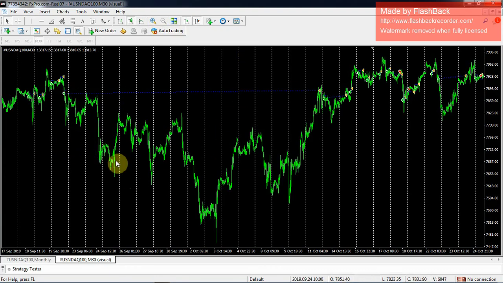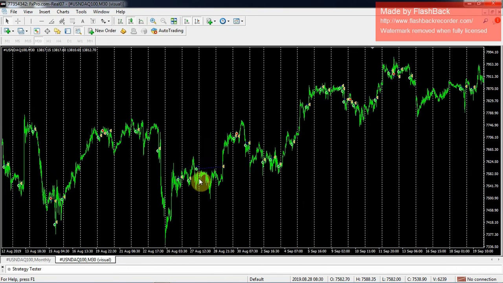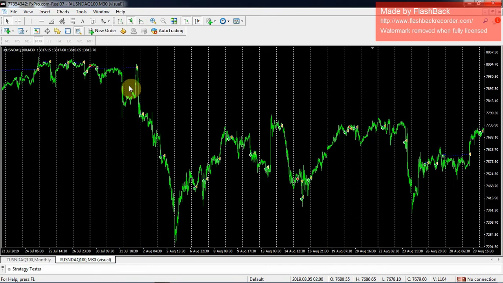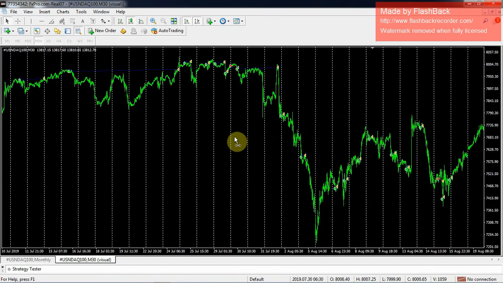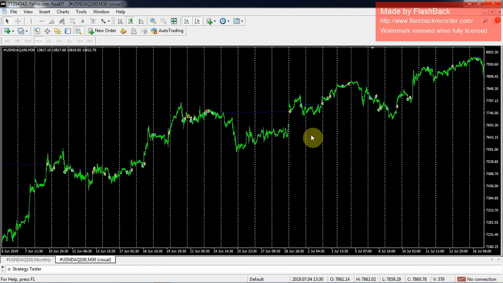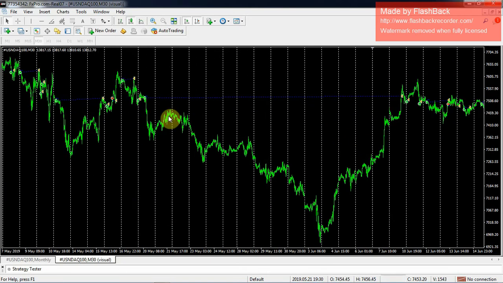But then we are reducing the lot size and increasing the stop loss, so that the stop loss is not on the radar for the market to hit. Hope the model has been understood. That's the logic behind this robot.